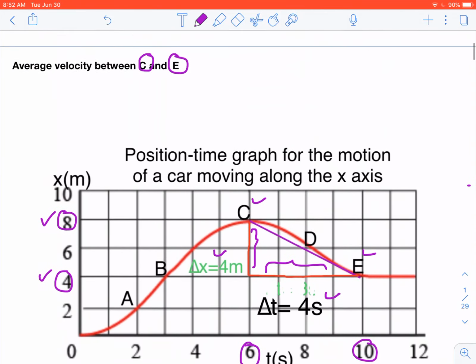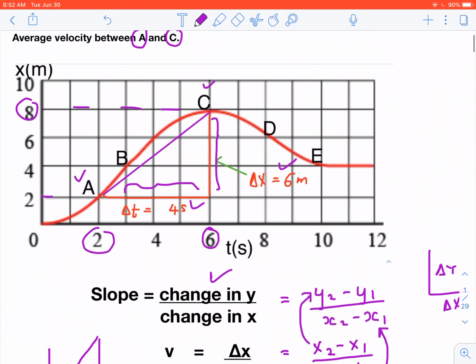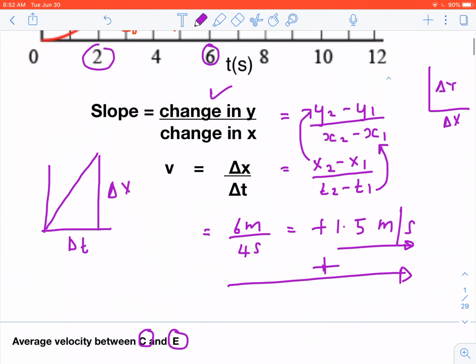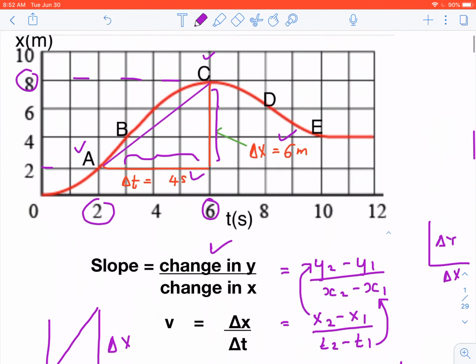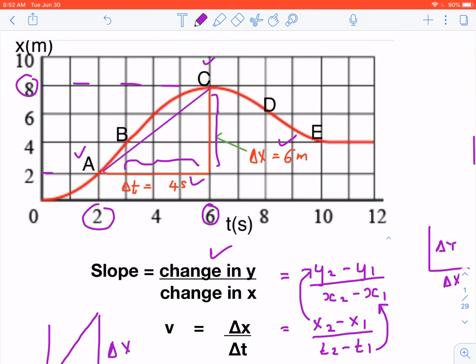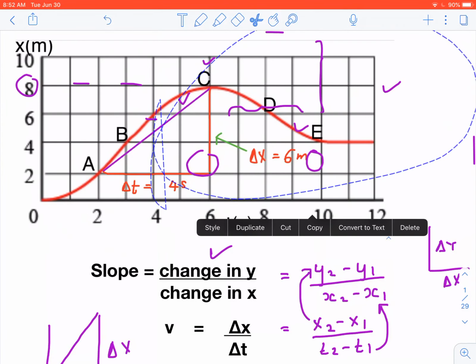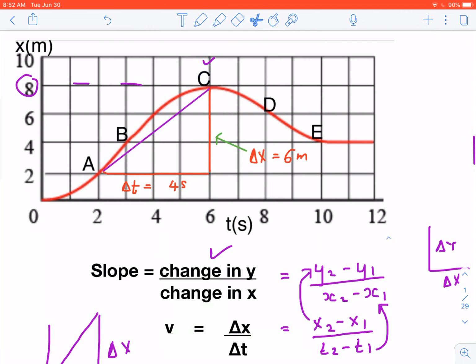Now, in here we have determined the average velocity between A and C and between C and E. But generally, sometimes we don't want the average velocity. We want to know the exact velocity at a particular point. So let's say, for instance, we want to know the velocity at point A, or at point B, or at point C, any point on the curve, rather than the average.